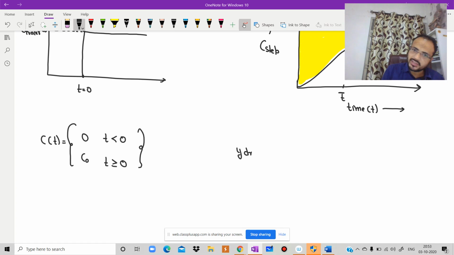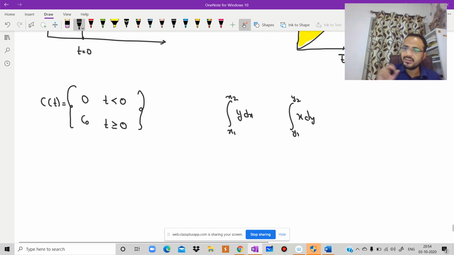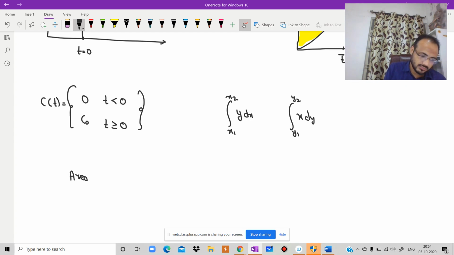Now there should be no doubt, just for your knowledge. If you take y into dx, then your limit is along the x-axis, and when we need to take x into dy, then your limit is from y1 to y2. If you want to calculate the area of this curve, then you will calculate the area under the y-axis.